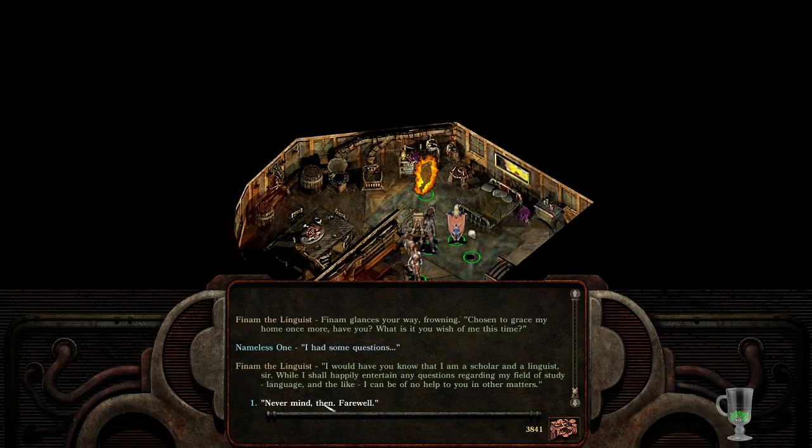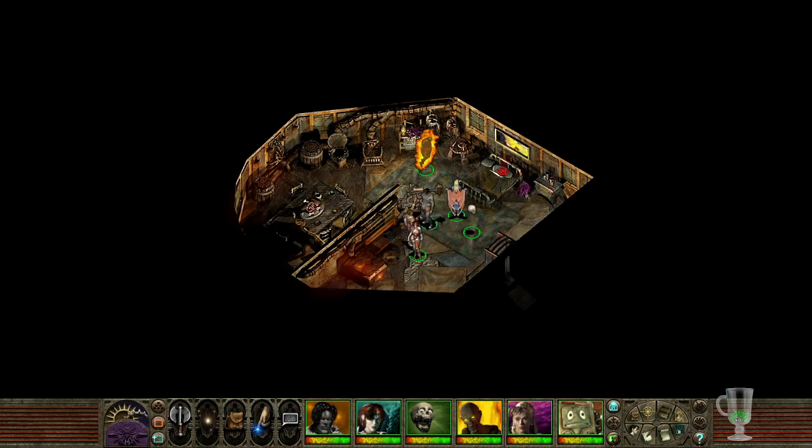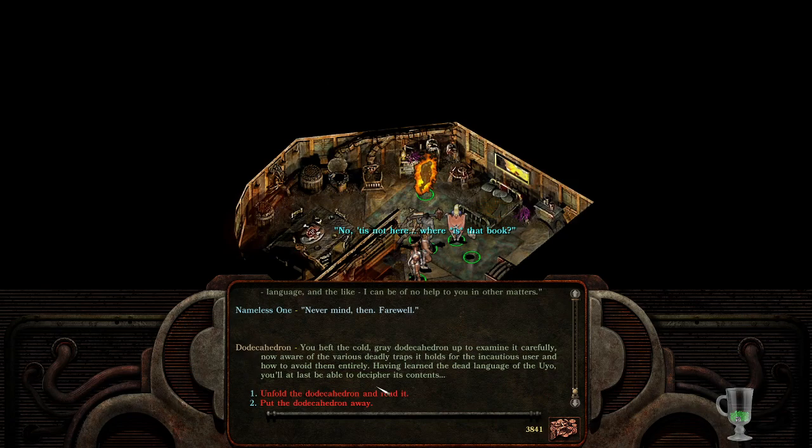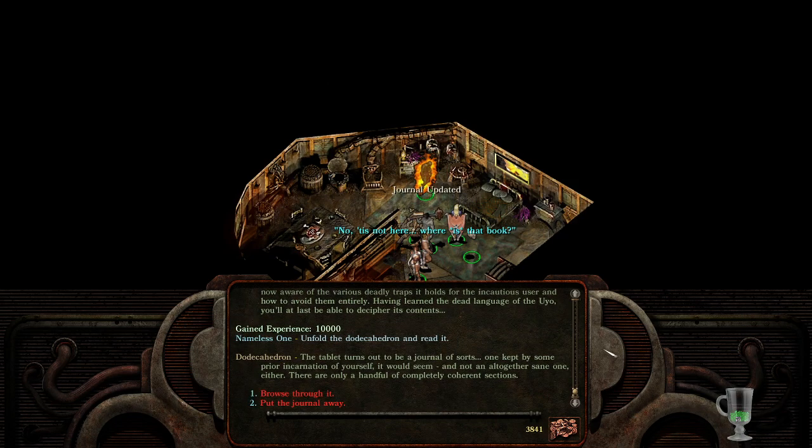Some questions. Never mind. Goodbye. So now I can actually read the journal, right? The tablet turns out to be a journal of sorts, and one kept prior to this incarnation of yourself, it would seem, and not an altogether sane one, either. There are only a handful of completely coherent sections.